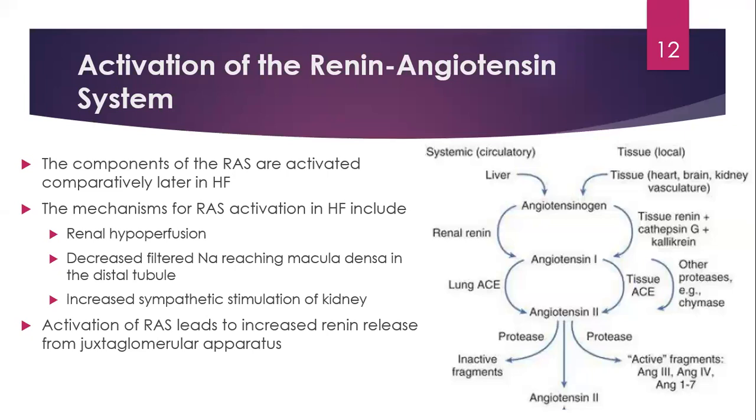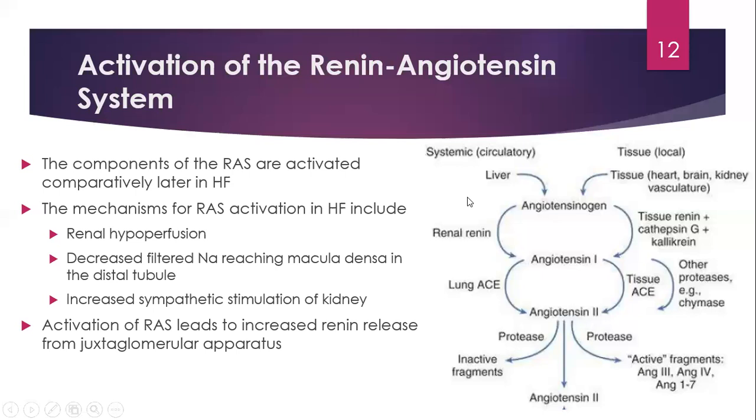Okay. And then also increased sympathetic activity. So activation of the sympathetic system, like I showed you earlier on, can also activate the renin-angiotensin system. Okay. And once this system is activated, it leads to increased secretion of renin from the juxtaglomerular apparatus.